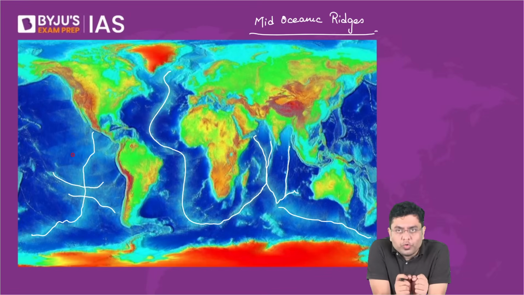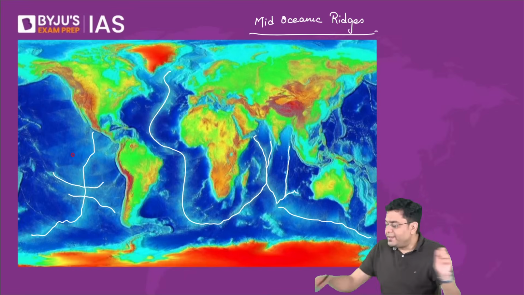Paleo means the study of something which is very old. So by studying the rocks and their magnetic field, when you are able to calculate the age of the rocks, that is paleomagnetism. I hope that is understood.